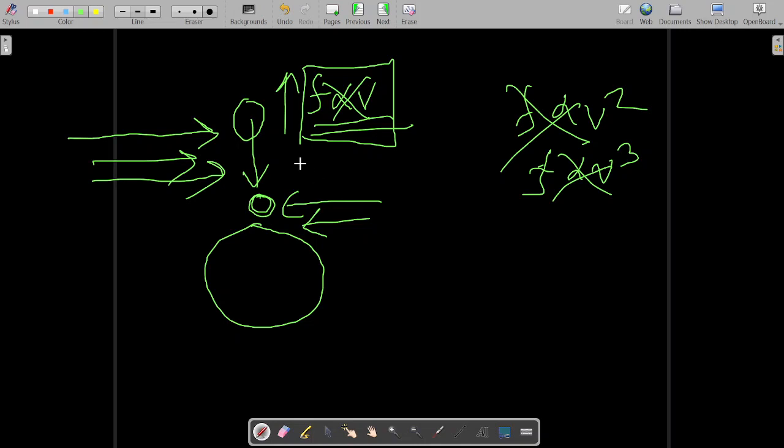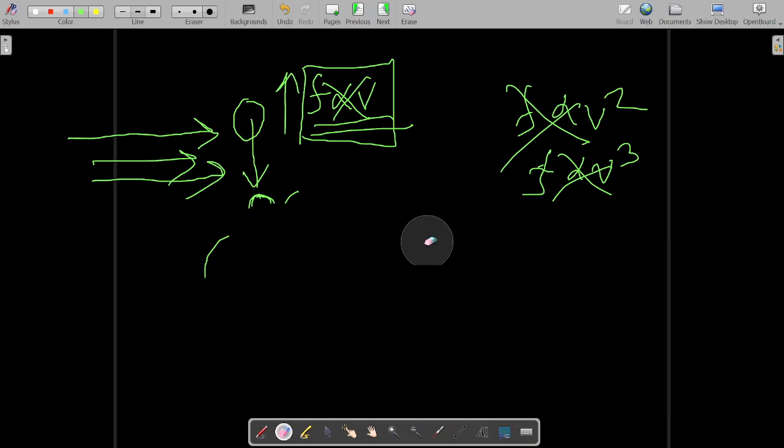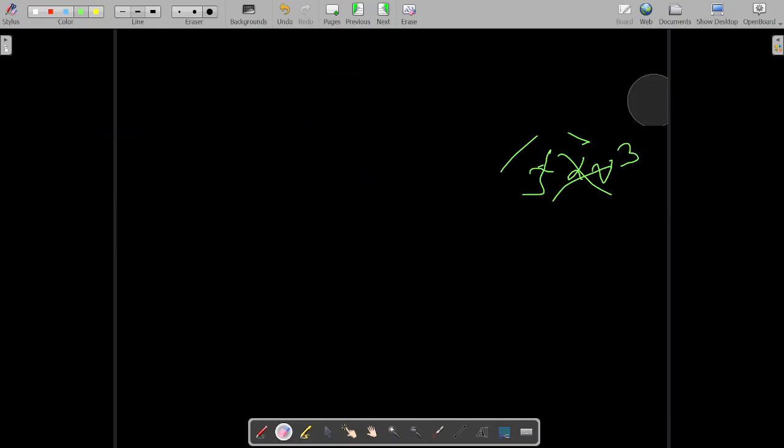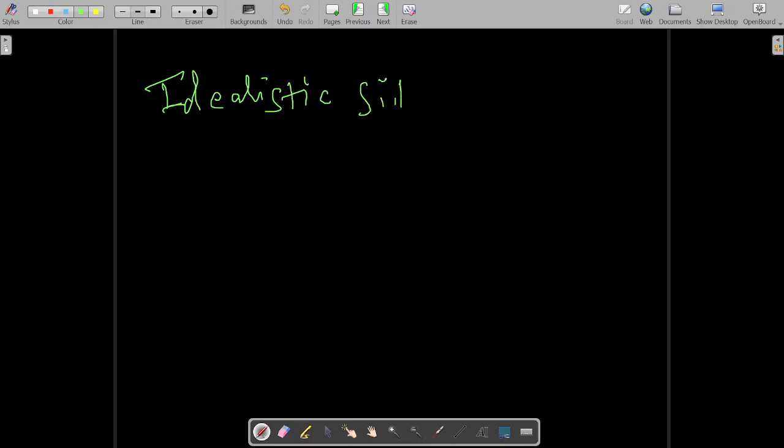So air does not follow a rule. So we are taking an idealistic kind of situation, an idealistic kind of air resistance which is following a certain rule. This is an idealistic imaginary situation.